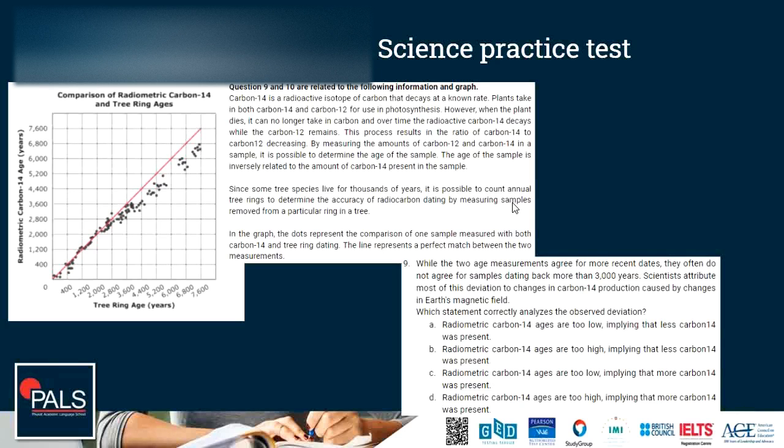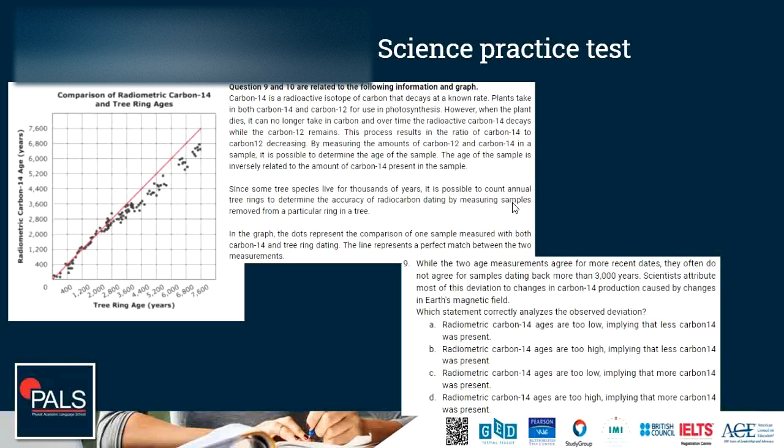That's quite a tricky bit here to read and understand. So in a nutshell, carbon-14 dating was actually referred to in the last text that we just read about the mammoth. That was used to tell when the mammoth went extinct. So how does it work?